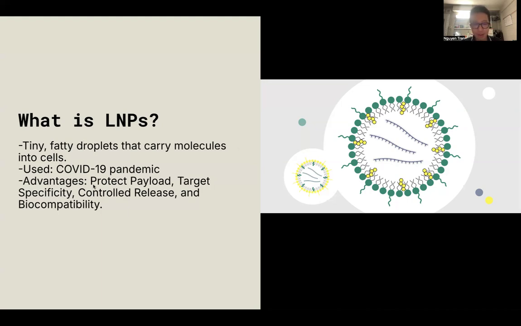And some advantages of it: firstly, it protects the payload. What does this mean?